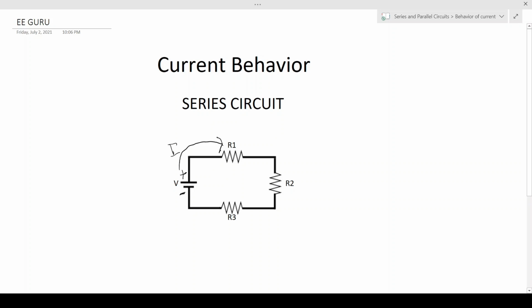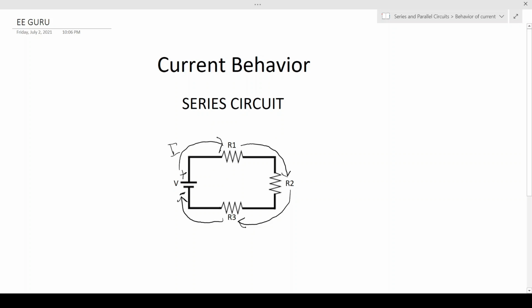In this case, current's going to flow from the positive terminal of the voltage source into R1, then into R2, then into R3, then back into the negative terminal of the voltage source, in this case the battery.